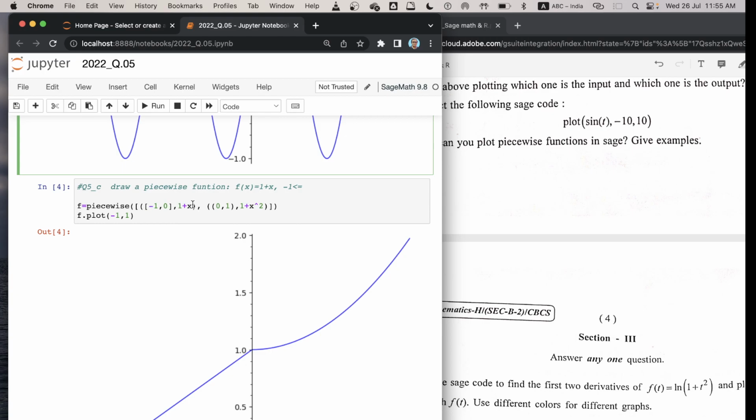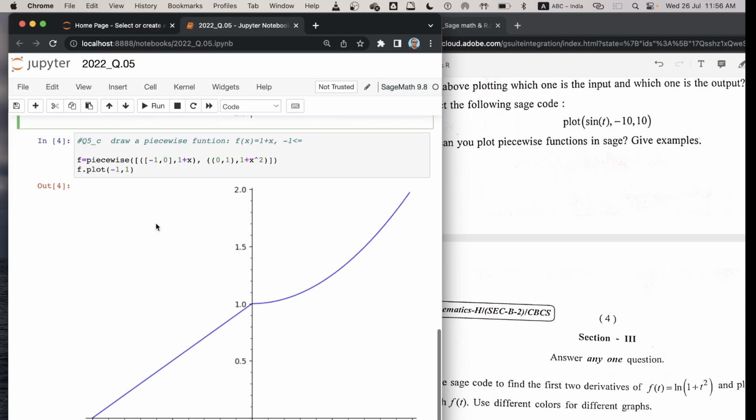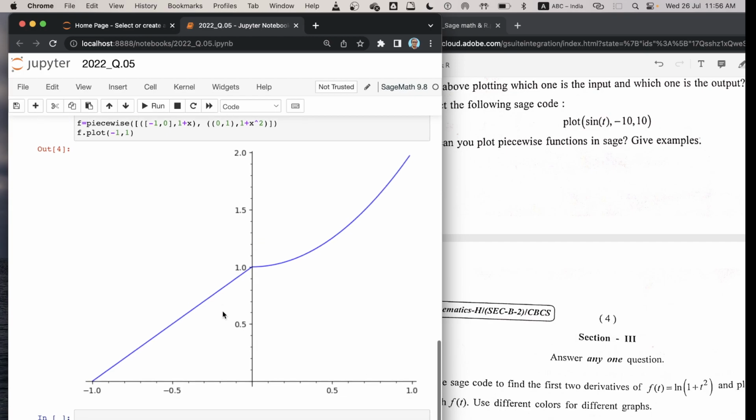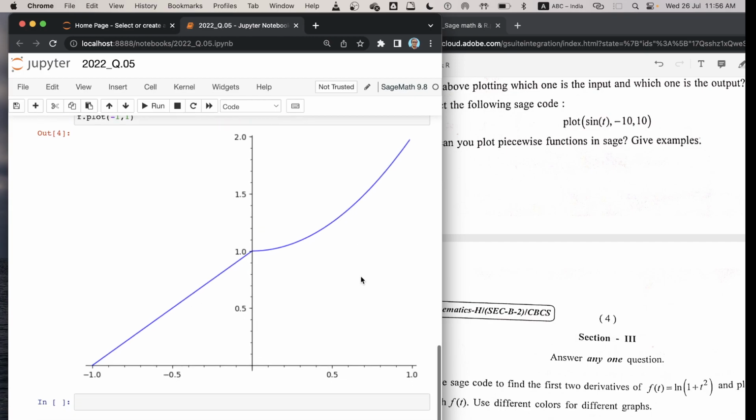This is the closed interval, and within this interval the function f is 1 plus x, comma, and in the next parenthesis first write the interval. This is the open interval 0, 1, and within this open interval the function f equal to 1 plus x square. f dot plot minus 1 to 1. So plot in the interval minus 1 to 1 this piecewise function. Plot this, and the output is this.